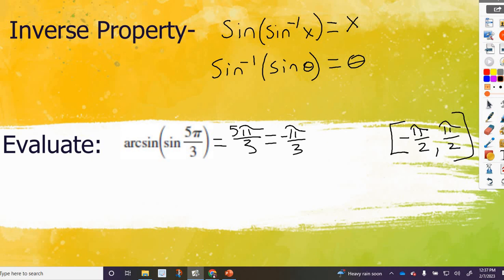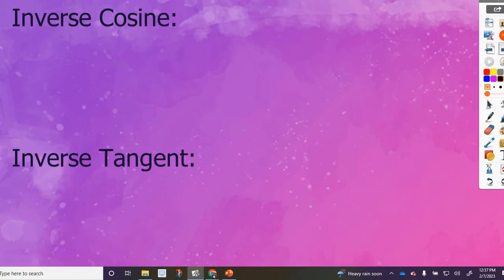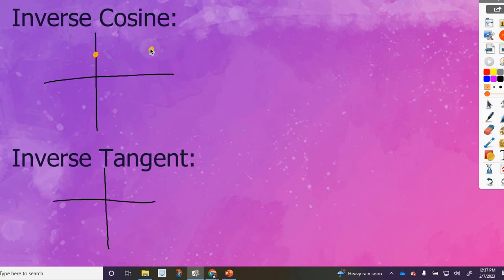Alright. So, we can also have inverse cosine and inverse tangent. They work very similarly. The only difference is, remember that our cosine graph starts at 1, and that one looks something like that.